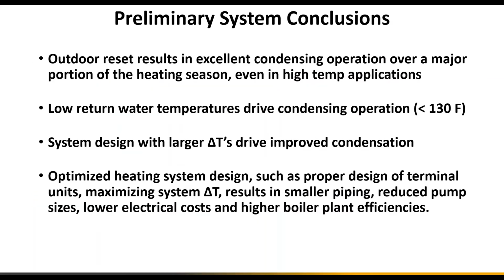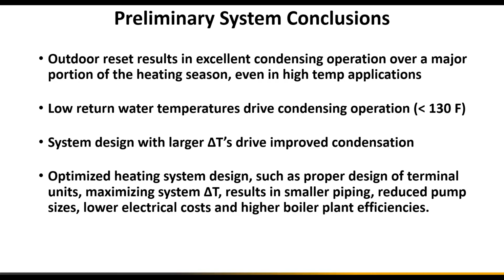Moving on to the next slide, here we see some overall conclusions from a system standpoint. First of all, outdoor reset is a perfect way of ensuring excellent condensing operation over a major portion of the heating season. Only during the very coldest days of the year may we not run in condensing operation.